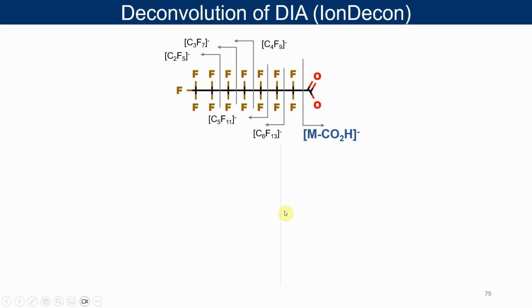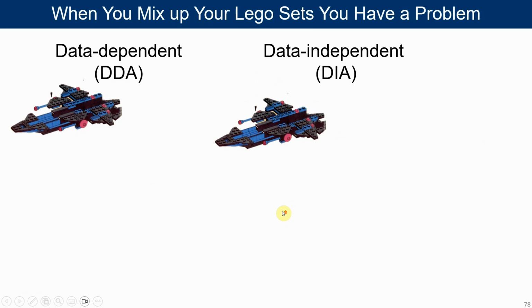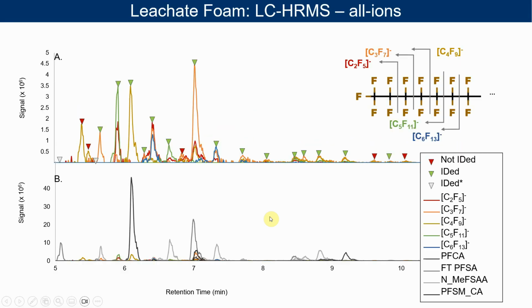Do note, as we showed earlier, that a lot of these fragments, such as C2F5, occur in multiple places and may overlap from many different ions. This is going to make the job a lot more difficult, especially let's say we're looking at fatty acids and lipids, and so many lipids have 20:4.